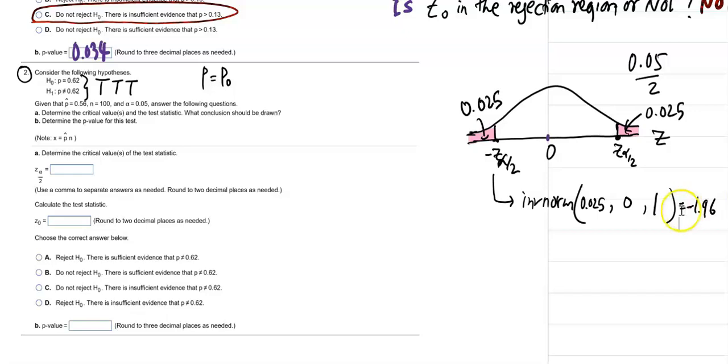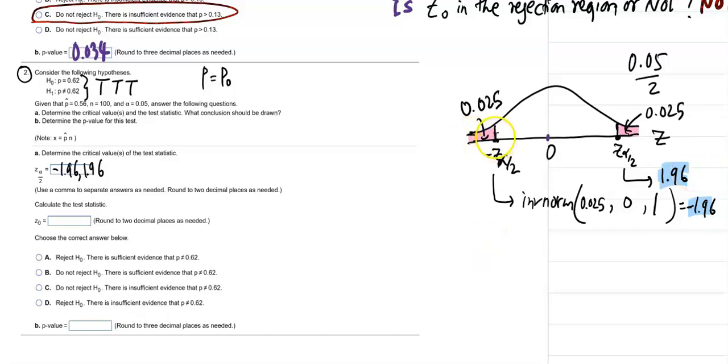The other critical value, by symmetry, has to be on the other side at the same distance from center, so it must be positive 1.96. So you have two critical values, negative 1.96 and positive 1.96, and you type that in the box here: negative 1.96 comma positive 1.96.